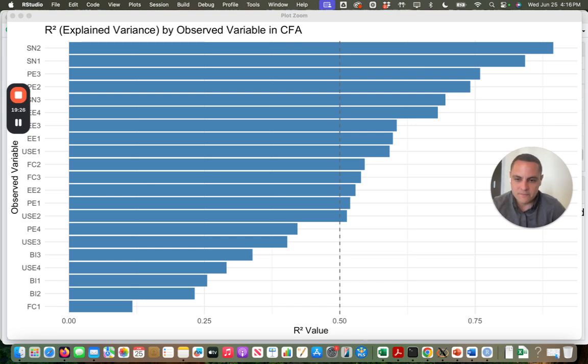And then FC1, which we've talked about a number of times. FC1 is very weak, and this would further justify removal. Again, theory might be against that, but it's helpful to see in another view. Anything below about 0.3 or 0.4, and in this case I have a line at 0.5, should be flagged for review. FC1 and BI2 are notably low, so you would want to take a look at those as well.